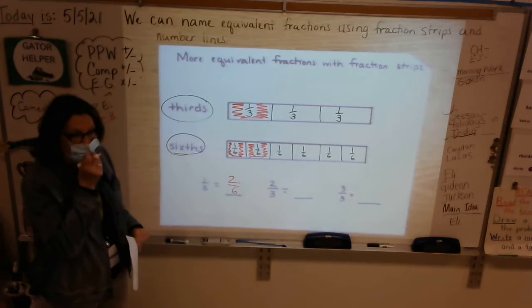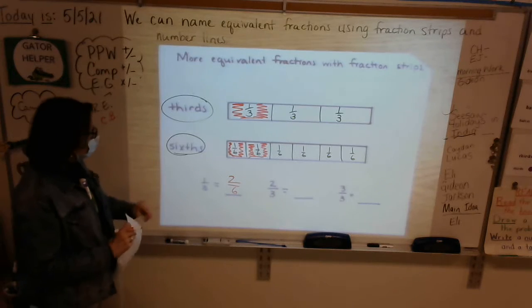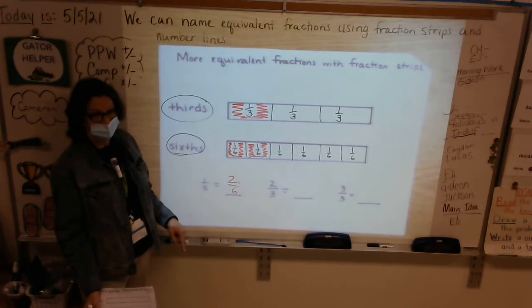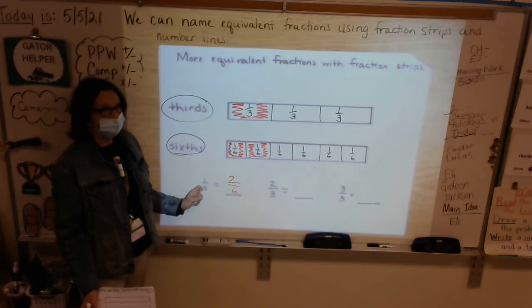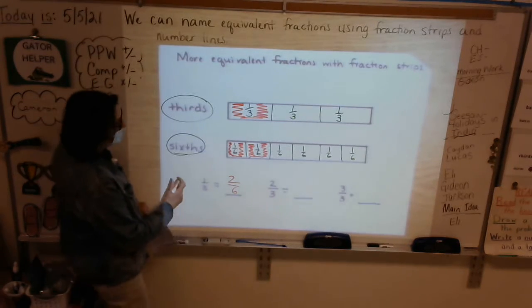And look what Cam said, and this is absolutely true. If you want to find an equivalent fraction without a picture, all you do is multiply your numerator and denominator by the same number. And that's really what we did. Look at this, boys and girls.